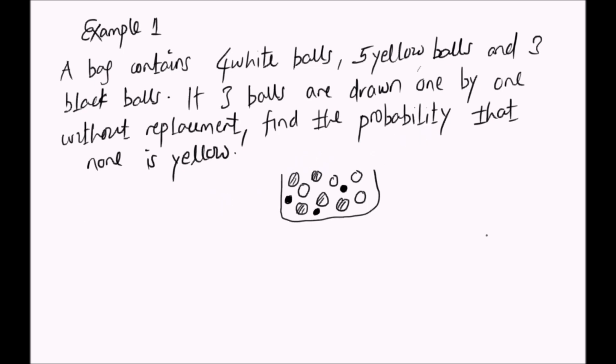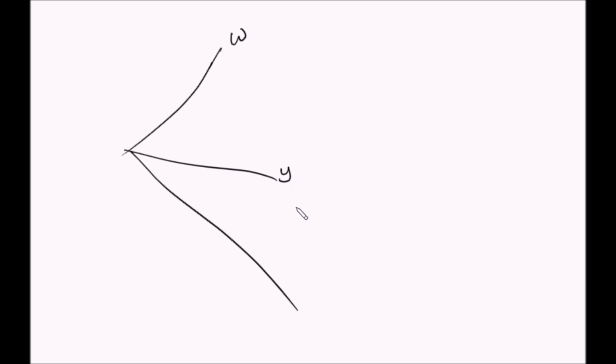So I said I'll do this question by using a tree diagram. So I did it like this. I said akidraw mara ya kwanza mtu kuna possibility anaweza kadraw a white ball, a yellow or a black. That is for the first time. For the second time similarly anaweza kadraw white, yellow au black.